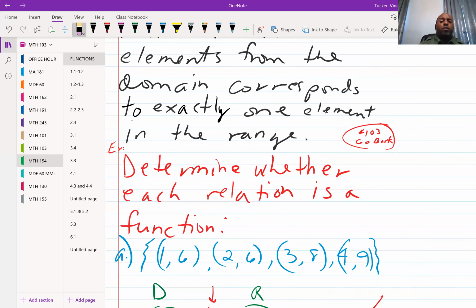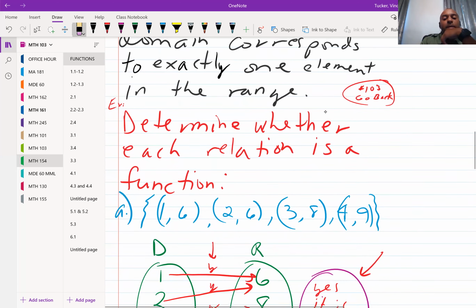So first exercise, we want to determine whether each relation is a function. So the first one is (1, 6), (2, 6), (3, 8), (4, 9).